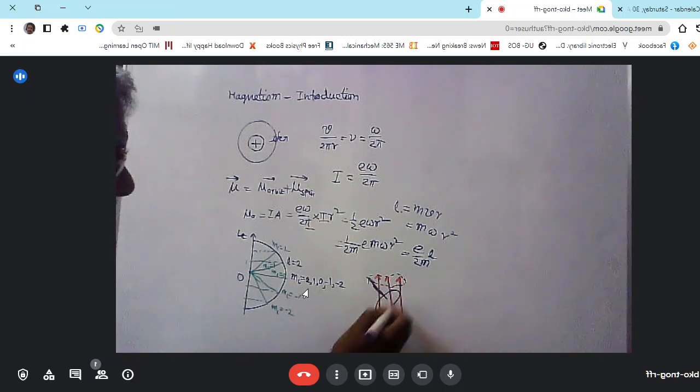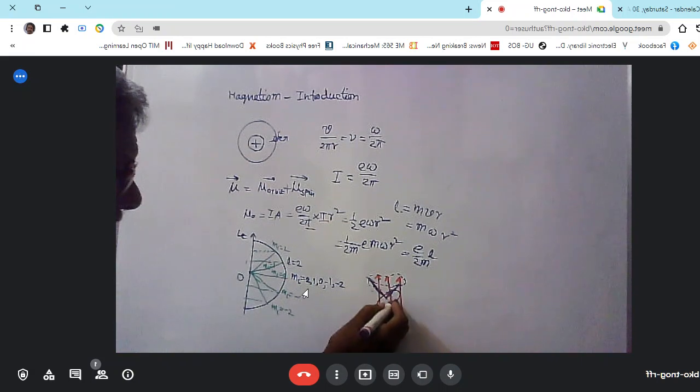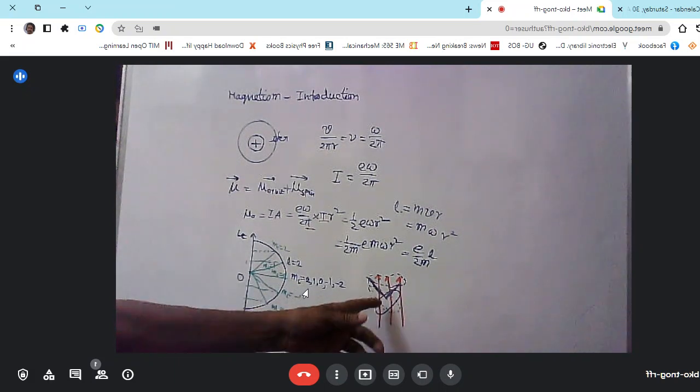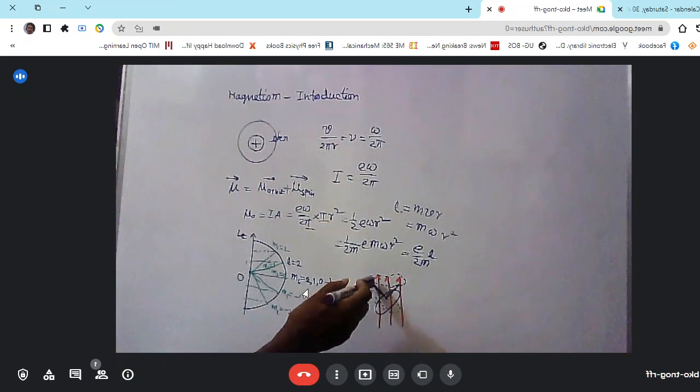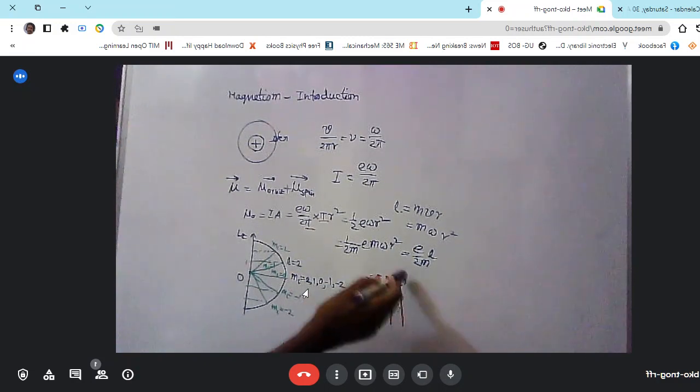So when it is in this position, its orbit will be perpendicular to it, it will be like this. Keeping this point fixed, the orbit will rotate, so that the normal passing through the center, the angular momentum vector, also rotates in a circle.